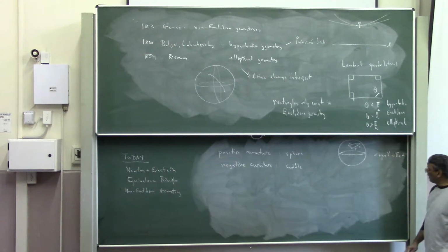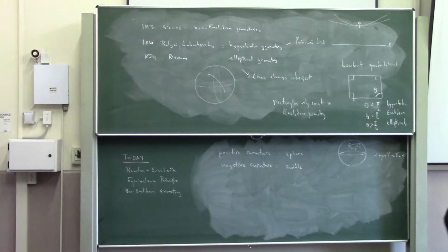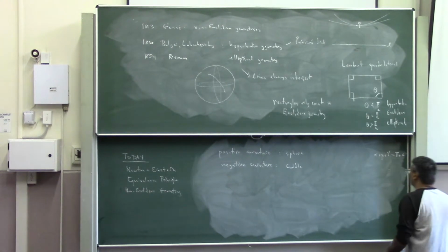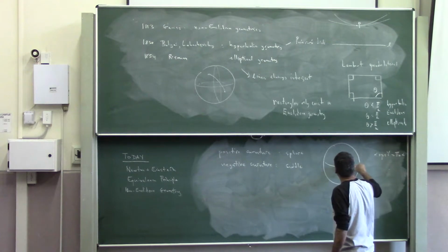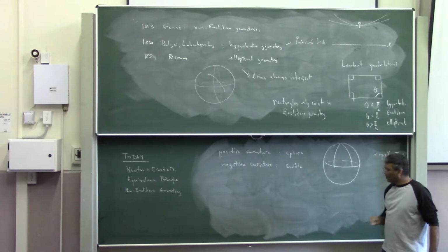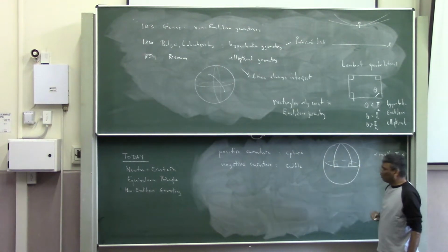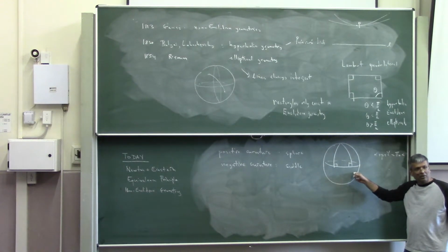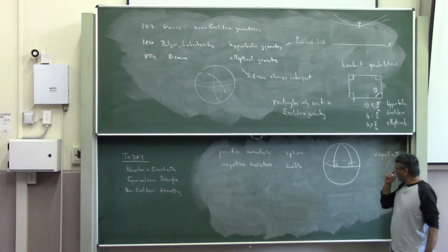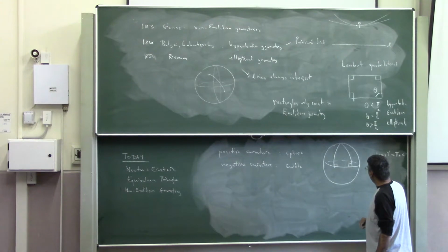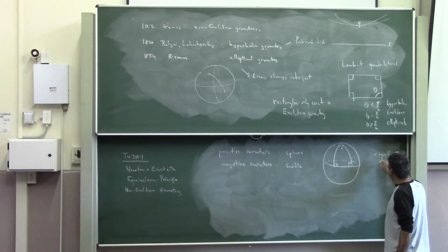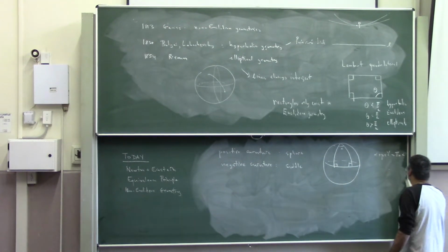So if you think, for example, about that sphere, then we draw two lines from the North Pole to the equator. These angles are always going to be 90 degrees. This angle can be anything I like. So in particular, this angle alpha. So the sum of the angles is bigger than pi.